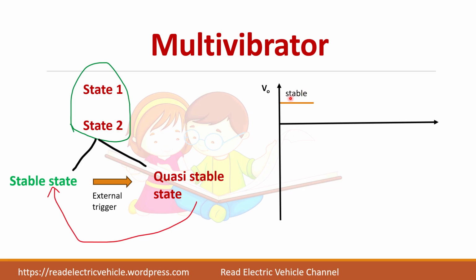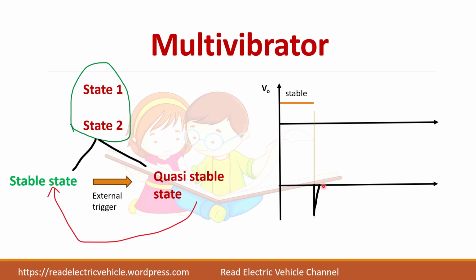Now if I want to change the output which is in stable position, I have to apply an external pulse. So let me apply some external pulse. This is a negative going pulse, so it is in this direction.